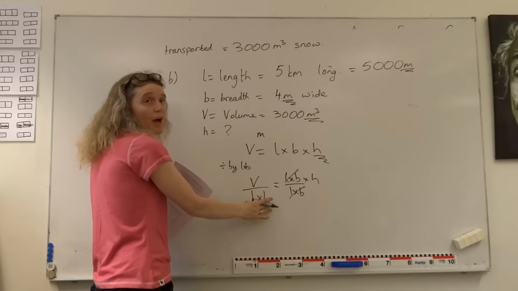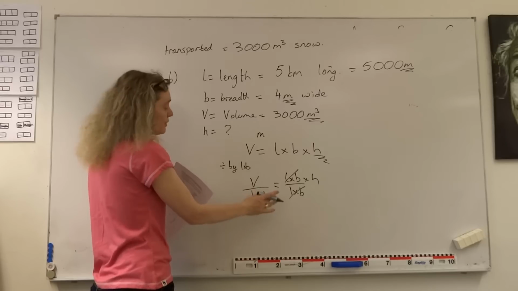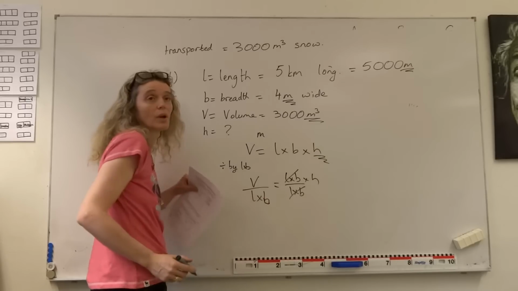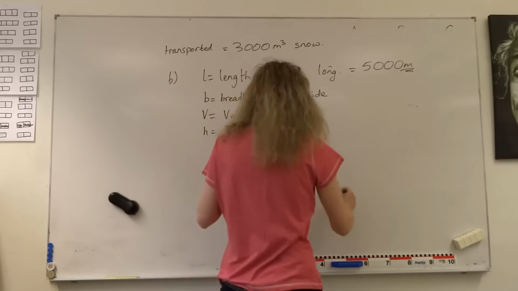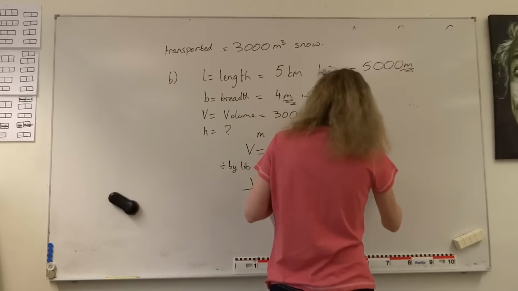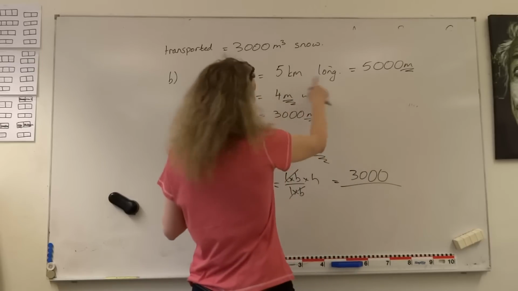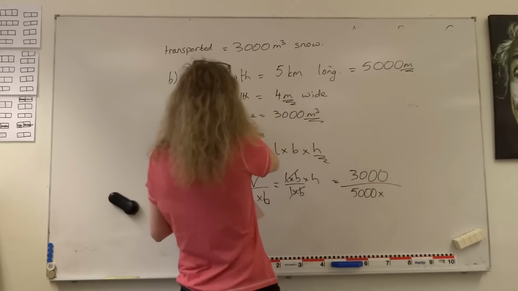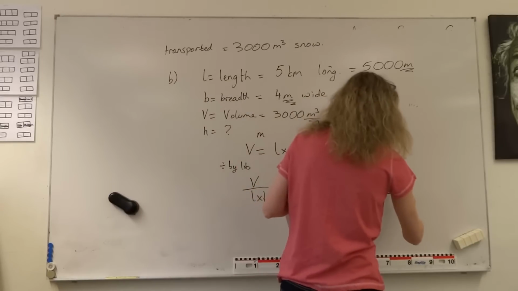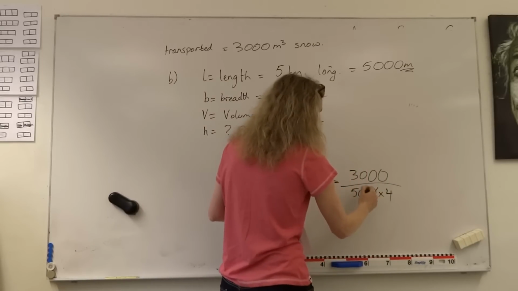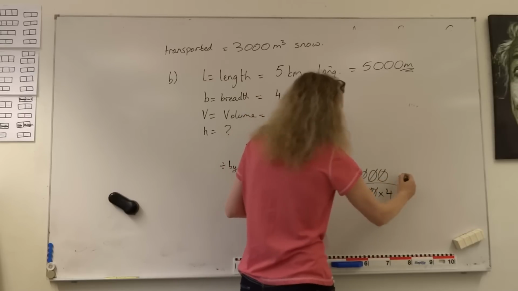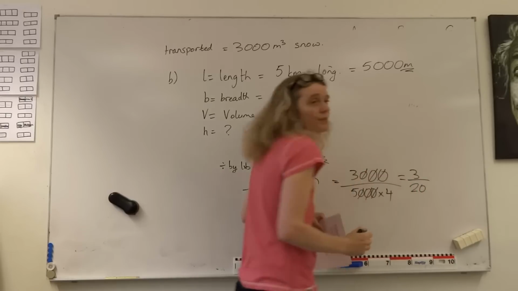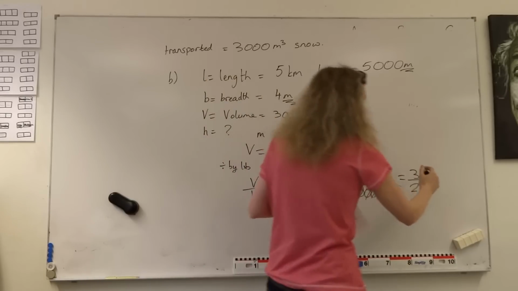So we now know that the height is going to be the volume divided by the length times the breadth. Okay? Which is 3,000 divided by the length, which is 5,000, multiplied by the breadth, which was 4. So the zeros cancel here, giving us 3 divided by 20, which is 0.15 meters.